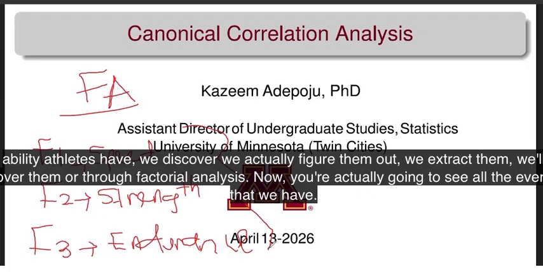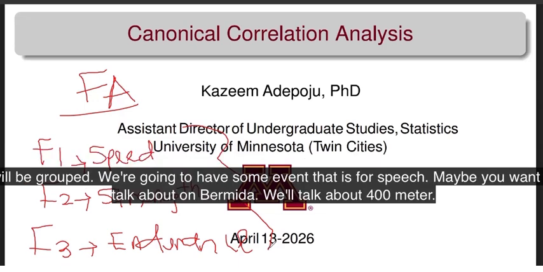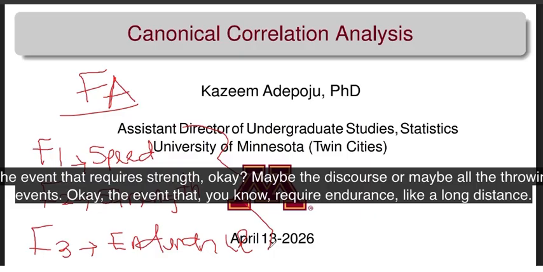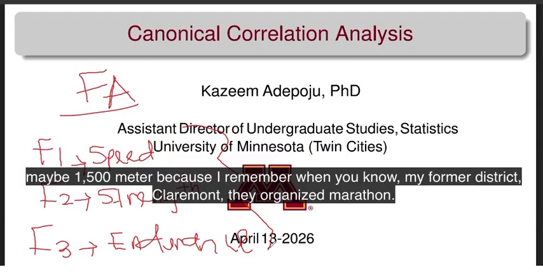Now, you're actually going to see all the events that we have will be grouped. We're going to have some events that are for speed, maybe the 100 meter and the 400 meter. Then events that require strength, maybe the discus or all the throwing events. Then events that require endurance, like long distance events, maybe the 1,500 meter.